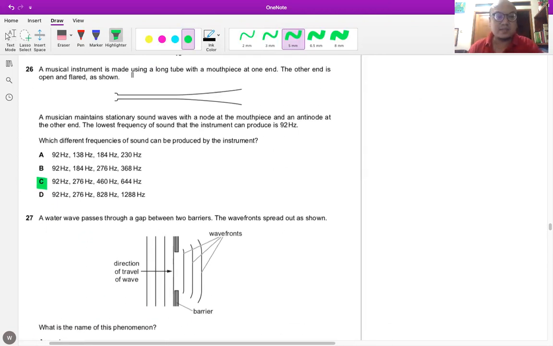A musical instrument is made using a long tube with a mouthpiece at one end and the other end open. A musician maintains a stationary sound with a node at the mouthpiece and an antinode at the other end.